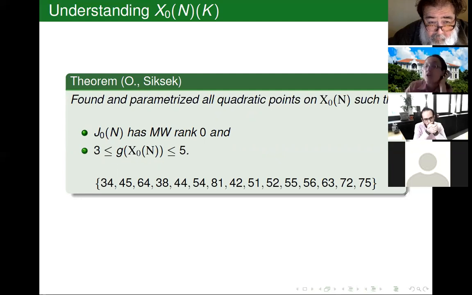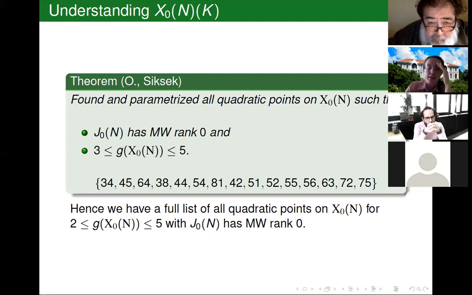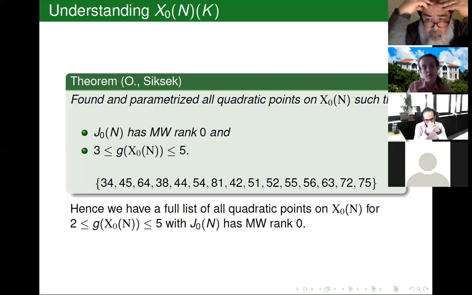Under these conditions, we found all quadratic points. And at this stage, we have a full list of all possible quadratic points on these curves, with genera being 2, 3, 4, or 5, under the restriction that the Jacobian is torsion.